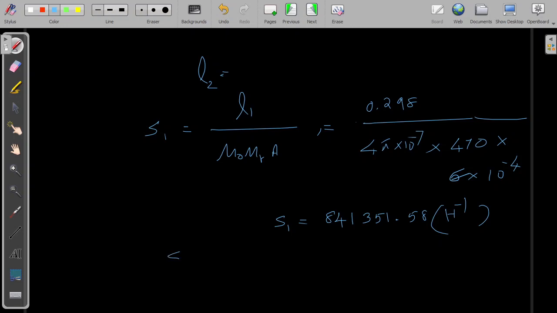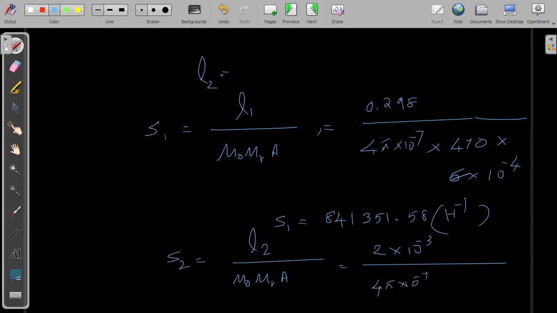Then next S2 is equal to L2 divided by mu 0 mu r into A again, and that's equal to L2 is 2 mm, 2 into 10 power minus 3, divided by the same mu 0, mu r is 1, so 4 pi into 10 power minus 7 into 6 into 10 power minus 4.